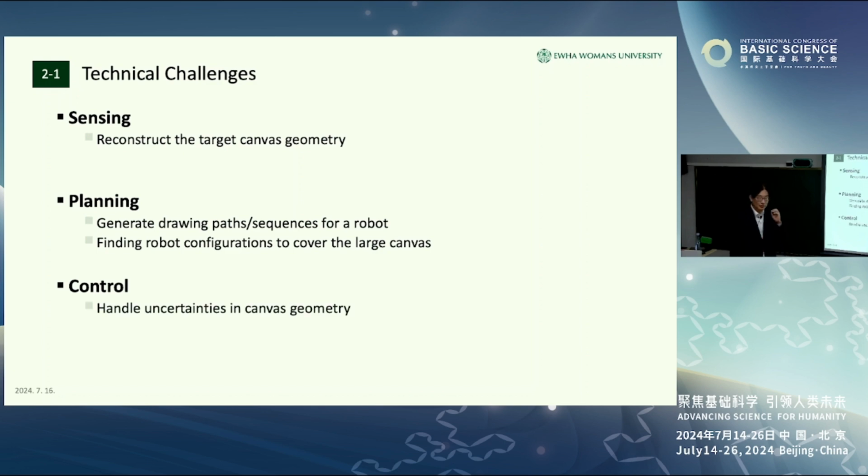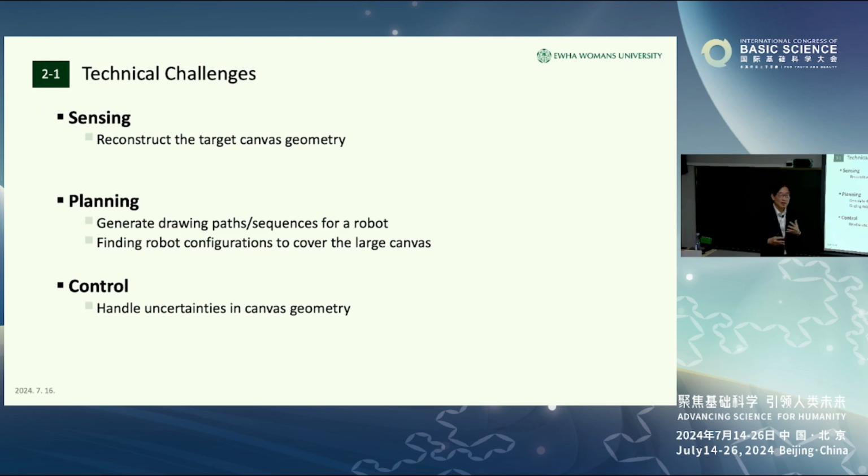And then finally, this control problem is that no matter how good you are in the sensing or reconstruction, there will always be some errors involved in the reconstruction, right? It depends on sensors or your algorithm.